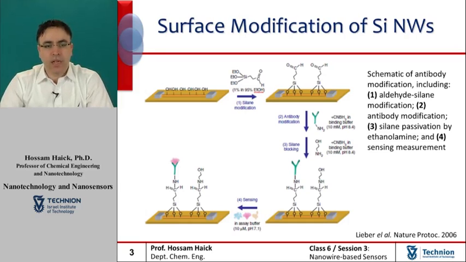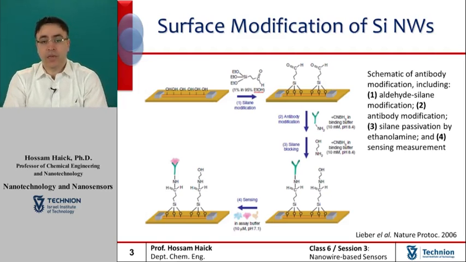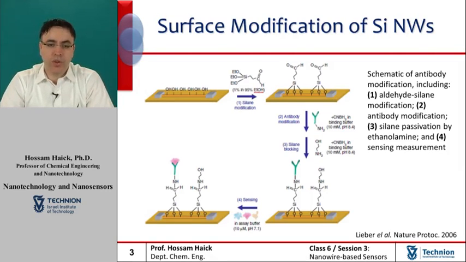In case the silicon nanowire is coated with an oxide layer, then silane-based molecules are used, as seen in the presented example on the screen. In case the silicon nanowire is not coated with an oxide layer, then the modifying molecules could be attached through a silicon-carbon bond.